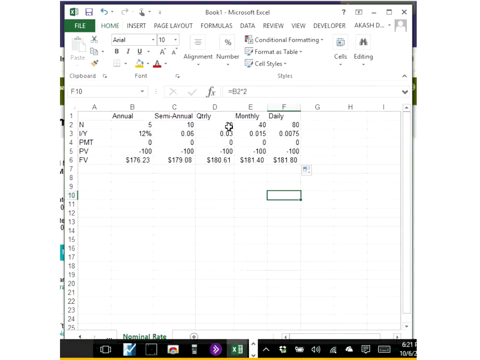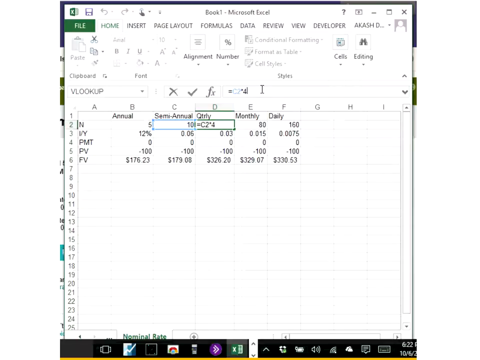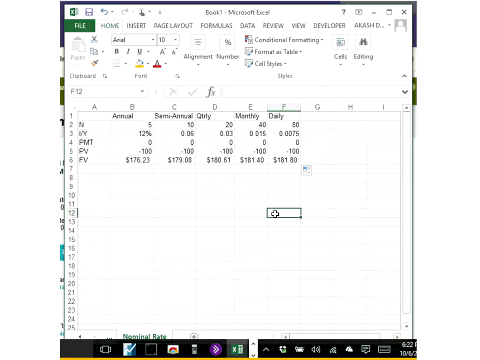In case of quarterly, let me just now copy this over. So quarterly would be 4, so it'll be 40. And this is correct. Yeah, now it will be correct.